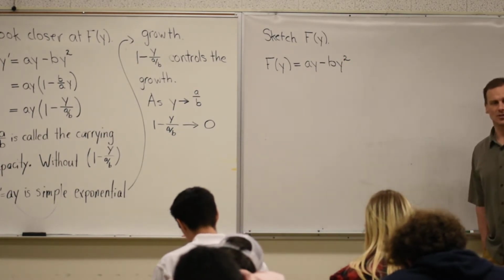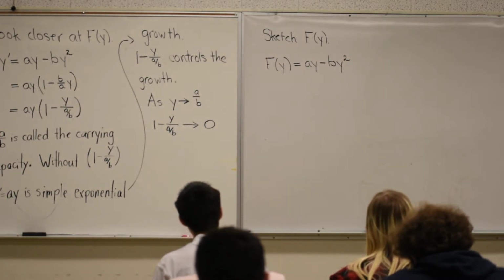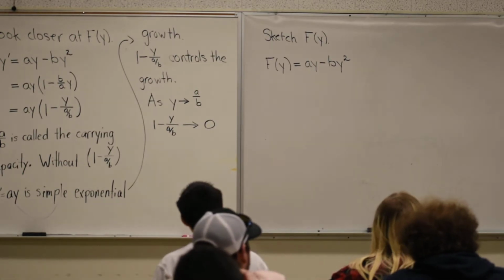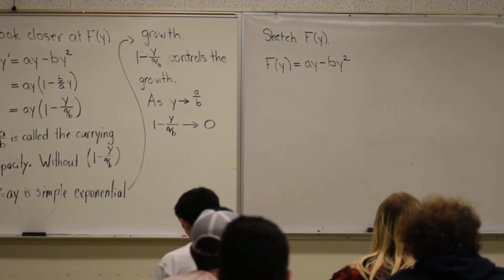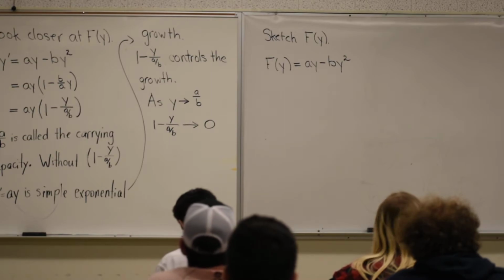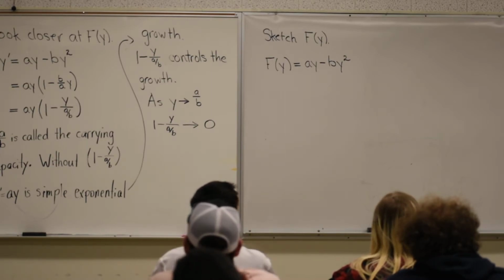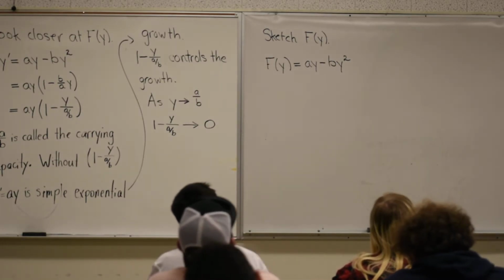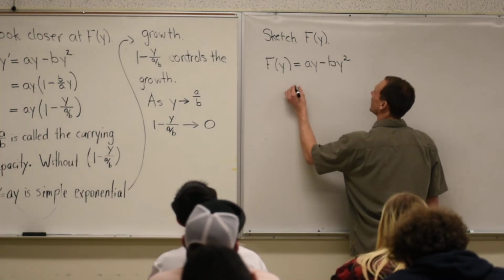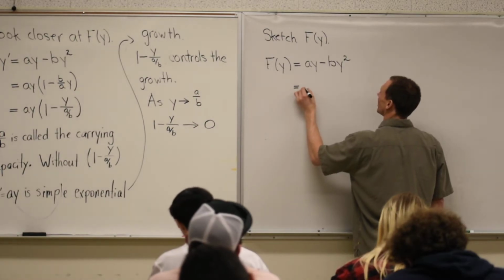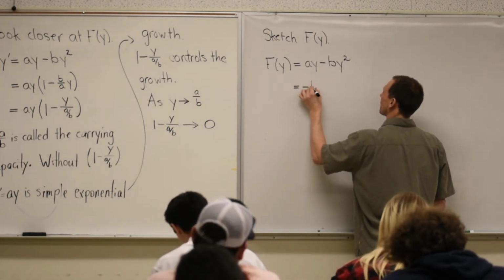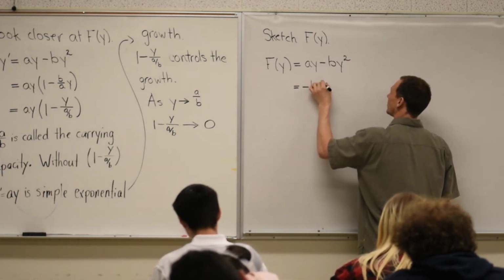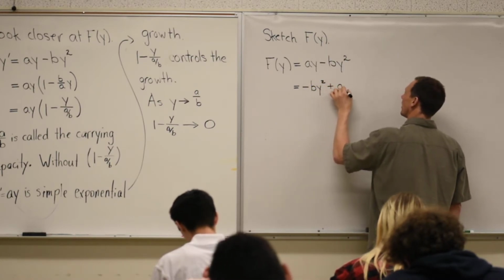If I'm going to draw f of y, what kind of figure am I going to have? A parabola. Sure, it's a parabola. So let's write it so it looks like a parabola. Let's write it as minus b y squared plus a y.